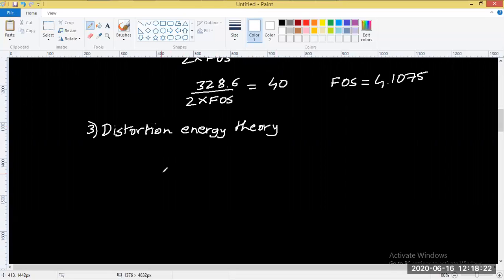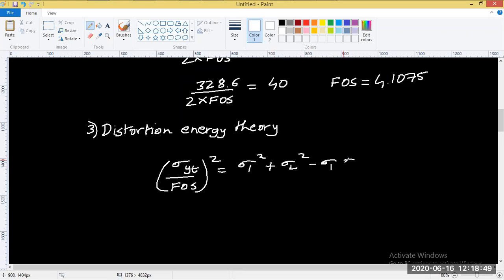It is given by, again, a standard equation, and you need to memorize this particular equation: sigma maximum, that is YT over factor of safety, whole squared, is equal to sigma 1 squared plus sigma 2 squared minus sigma 1 sigma 2.